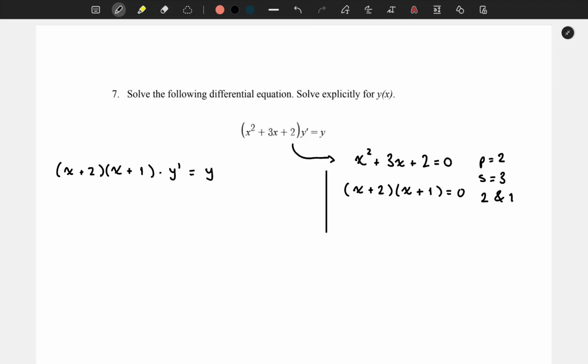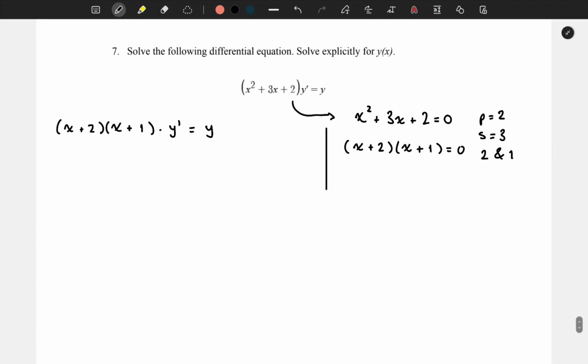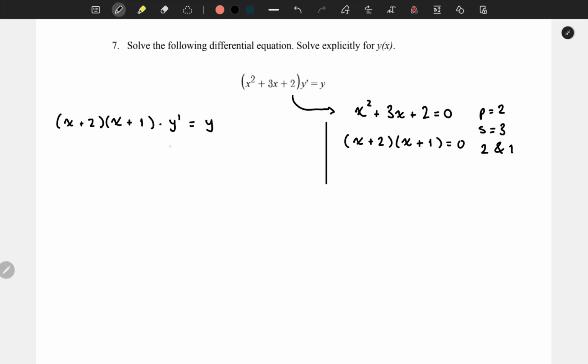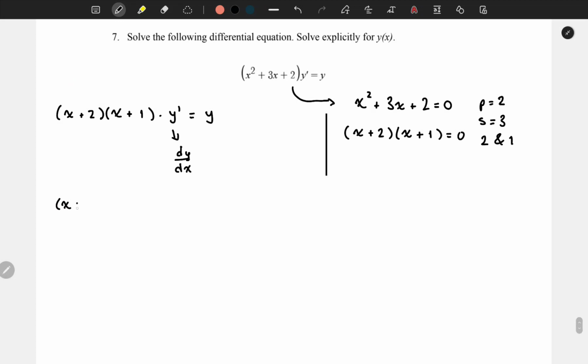The first thing we can do is some cross multiplication. These are all over 1, right? This y prime right here, we can change into dy over dx. So we can rewrite this whole thing as x plus 2, x plus 1 multiplied by dy over dx, and that is equal to y.